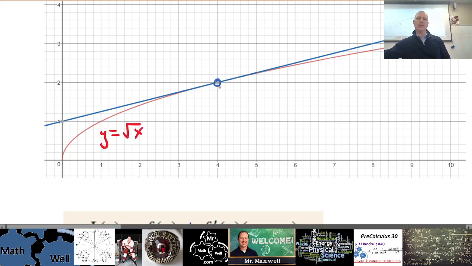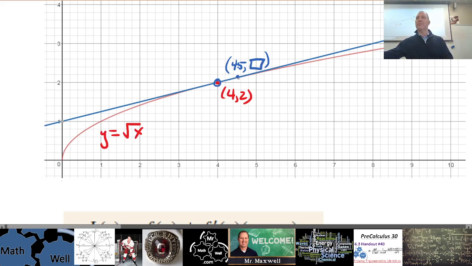But y equals root x, and I know that this is the point (4, 2) right here on the red graph. So if I wanted to know, let's say, what this point is, 4.5, okay? If I don't know what this value is, and let's say this is not an equation that's easy to use, or you cannot use this equation by directly plugging in the value.